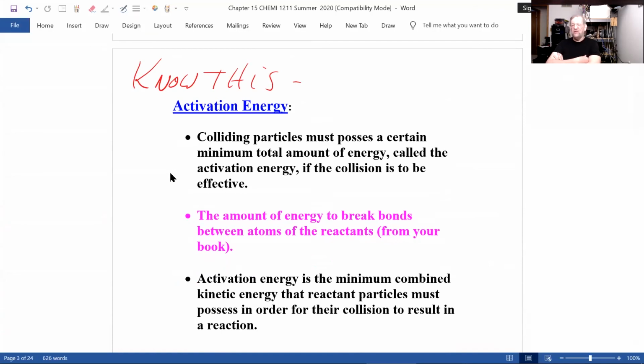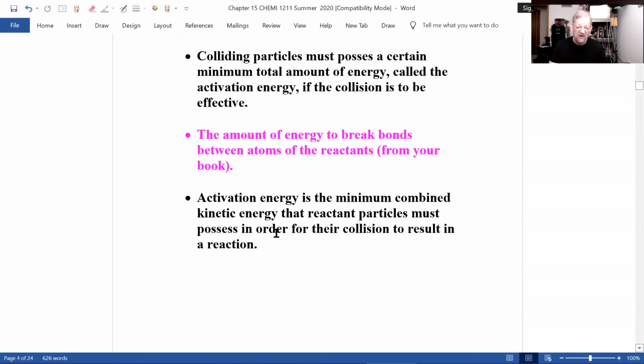That means you get a chemical reaction. The amount of energy is to break bonds. Another way of saying that is the activation energy is the minimum combined kinetic energy that particles must possess to react.